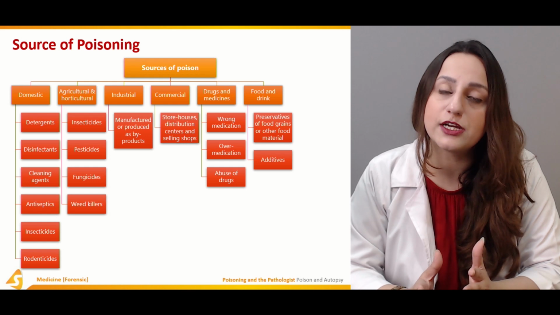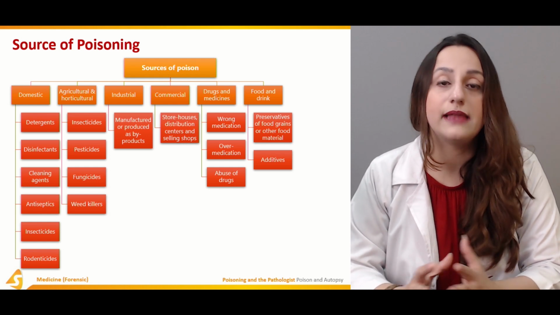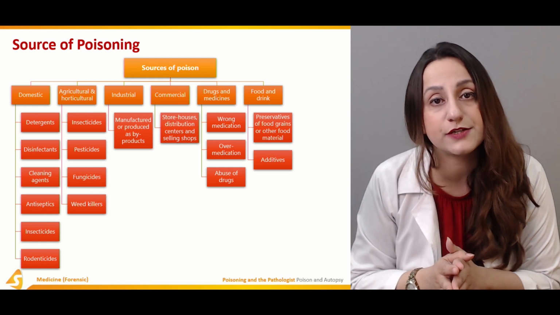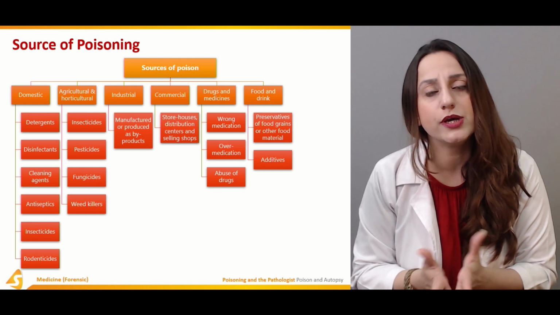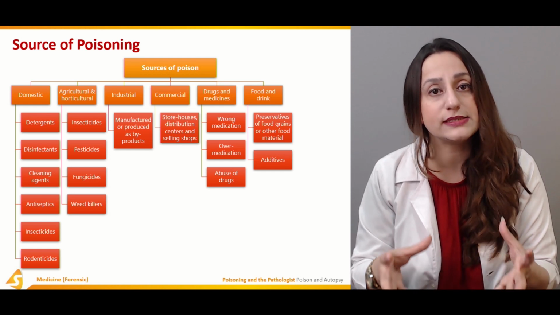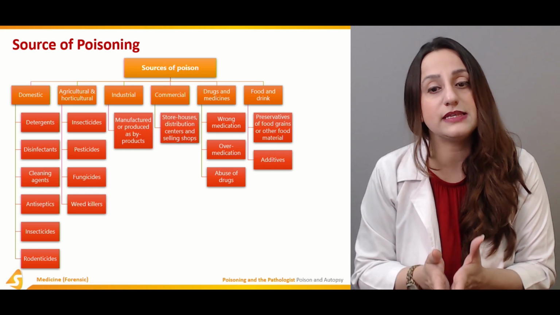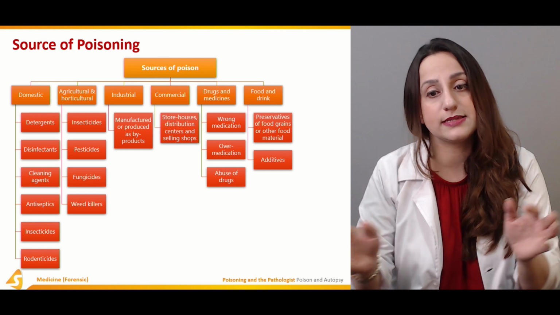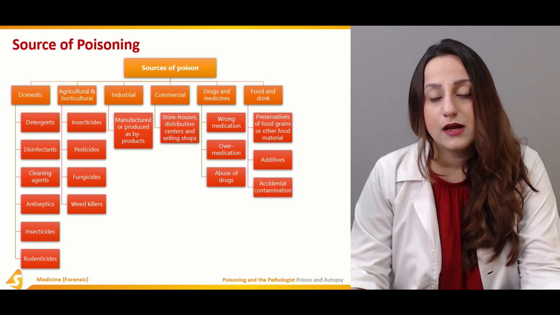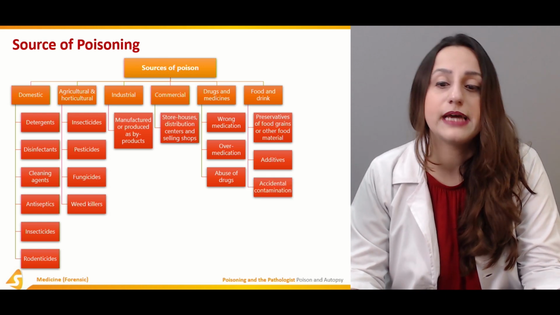The additives are usually artificial and they're usually used as a preservative in canned food or tinned food just to prolong the shelf life of these materials. And so these additives can themselves be poisonous in some instances. Moreover, the accidental contamination.